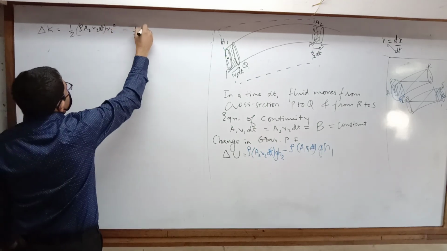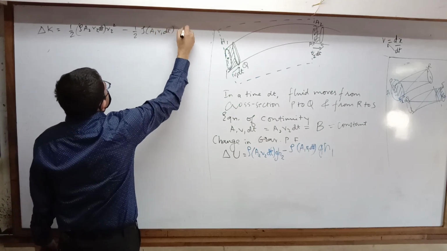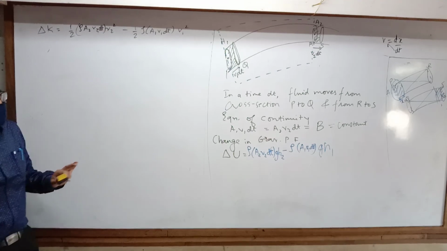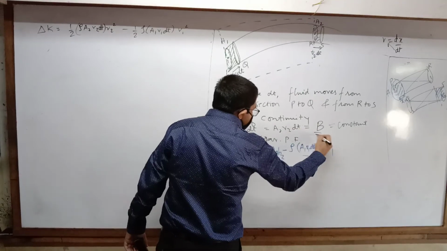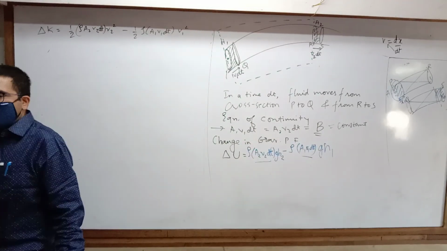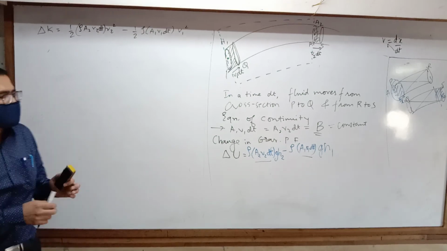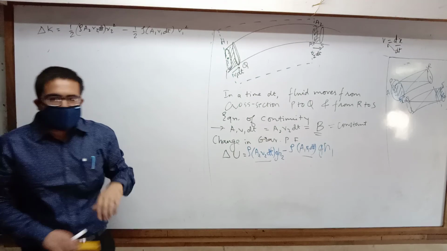Minus half rho A1 V1 square dt. Final minus this. You see this bracket appearing everywhere and it is equal to b. For these things you can always write b.